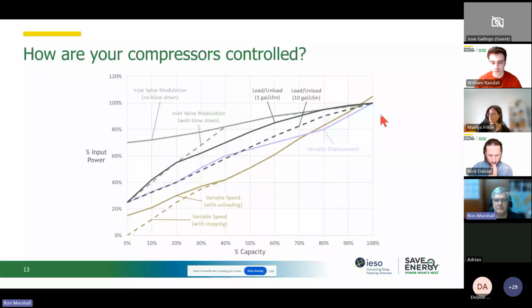All right. Compressors can be controlled in North America here. There are quite a few different modes of operation for compressor control, right? Compressors need to be controlled because if you turned on a compressor and it put out 100% of its output all the time, right?